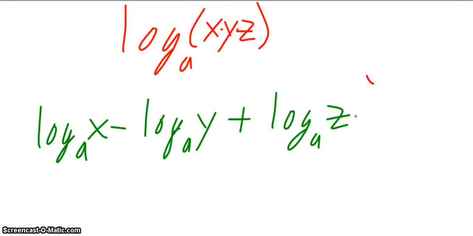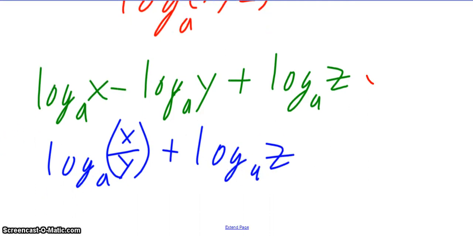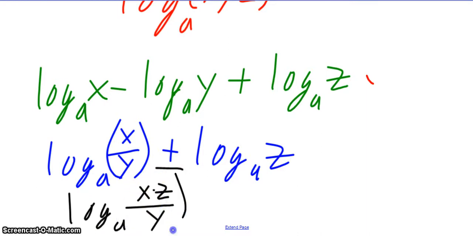So we'll combine this into log base a of x over y plus log base a of z. And then our final step, now I have just addition of two separate log expressions, and so this becomes log base a of x times z over y.